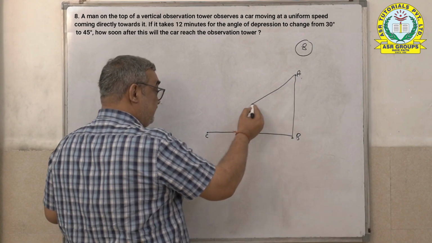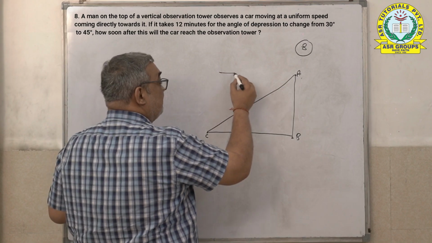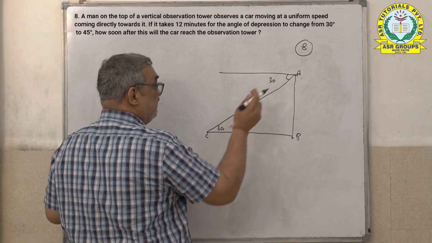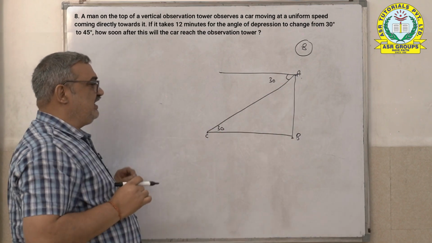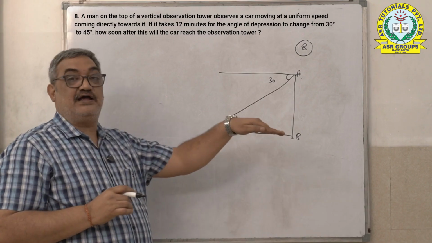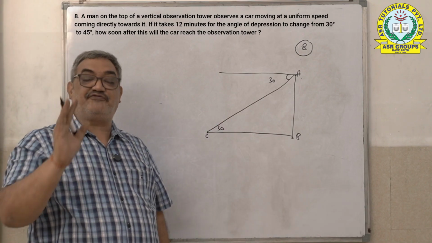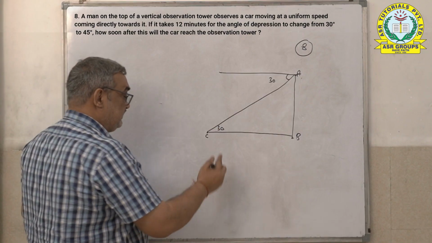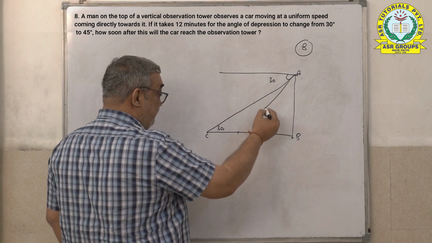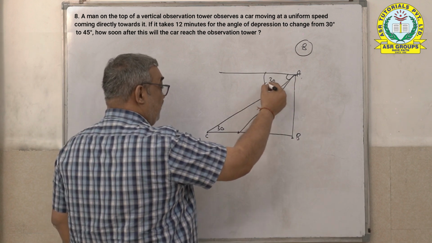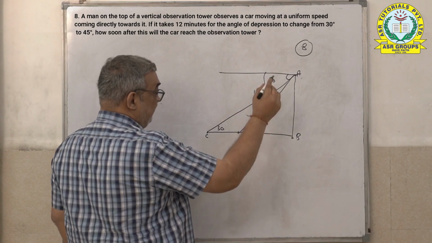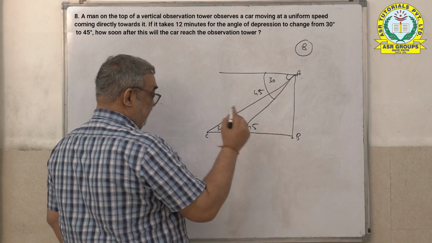At that time, angle of depression was 30 degree. But he could not see clearly who is in the car. And the car was running at a uniform speed. After 12 minutes, the car came here. Now this boy was happy to see in the car because his friend was inside. And the angle of depression was 45.